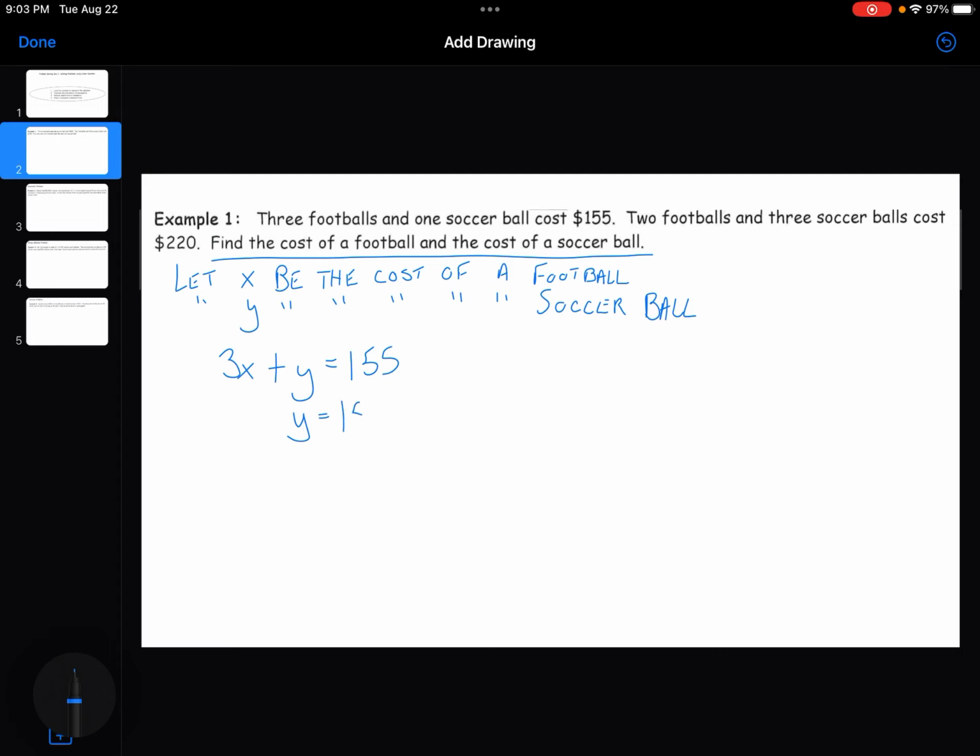So we've got y equals 155 minus 3x. So that's all from the first equation. Then we get 2x plus 3y equals 220. So here we're going to substitute our values in, and we're going to do some multiplying. I'm going to call this 1, I guess, and 2. We're going to sub 1 into 2.